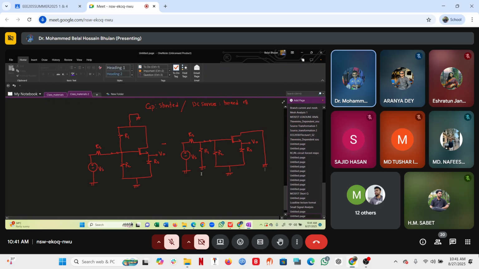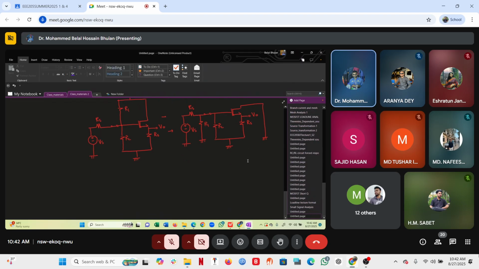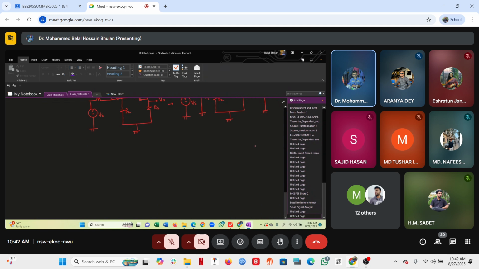So next, what should be our next step? Replace the MOSFET with this model and draw the small signal equivalent. Okay, first thing first, replace it. Replace the MOSFET with an open circuit between gate and source. So let's say this is our gate.